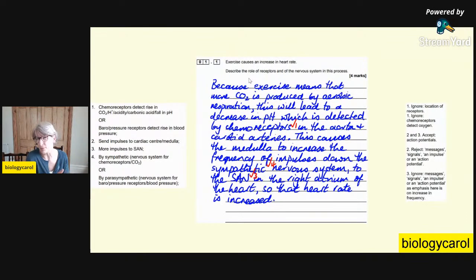That was a silly mark to have lost. And it was because I didn't read the question carefully enough and take on board that the emphasis was on receptors and the neuronal communication. So my fault.